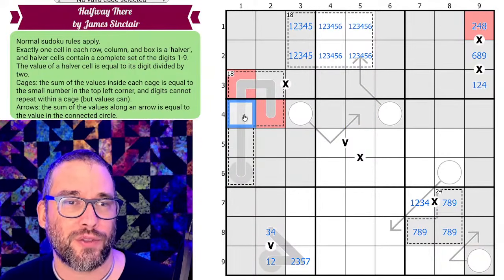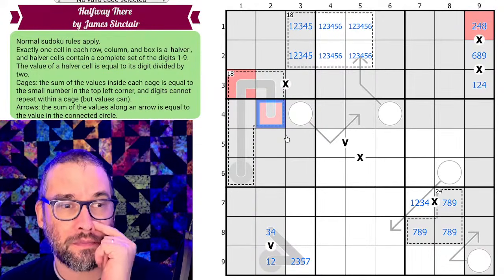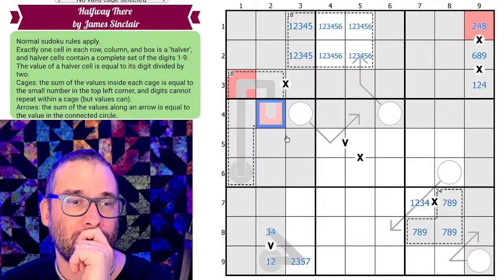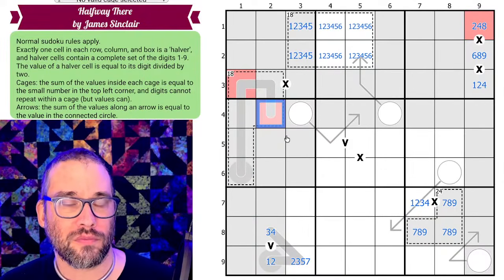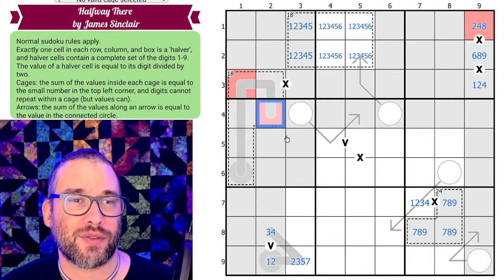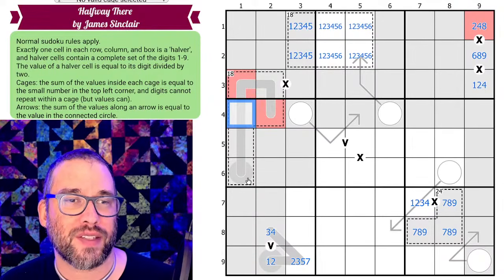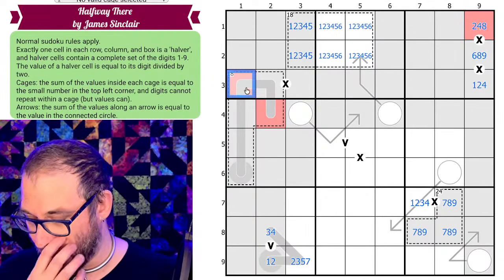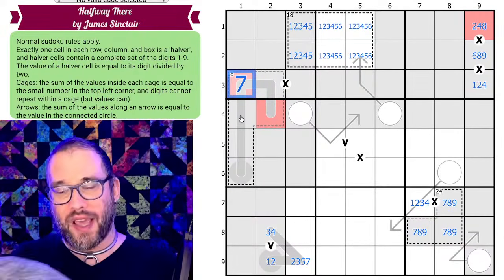So we would go 1, 2, 3, 7, 4, 9. Oh yeah, it's just strictly limited because we know these are both odd, but half 5 doesn't have 3 integers smaller than it. So this has to be 7, and we get to bring out Zach for a 7 dance.